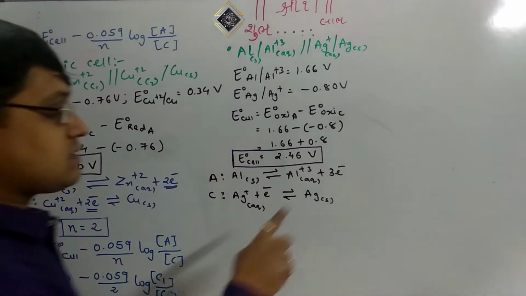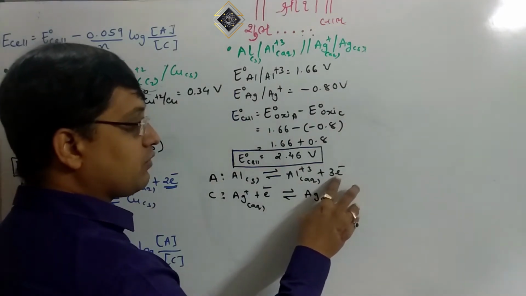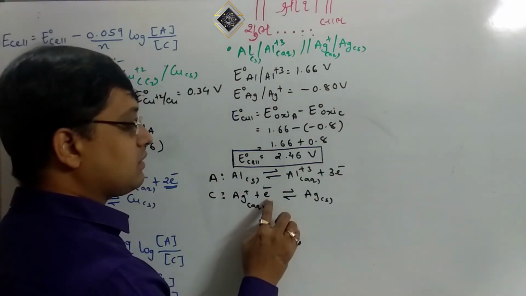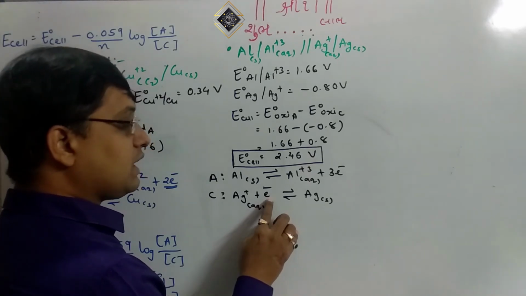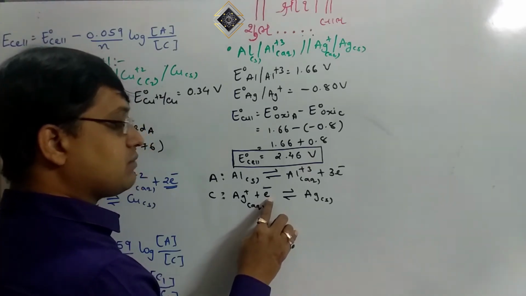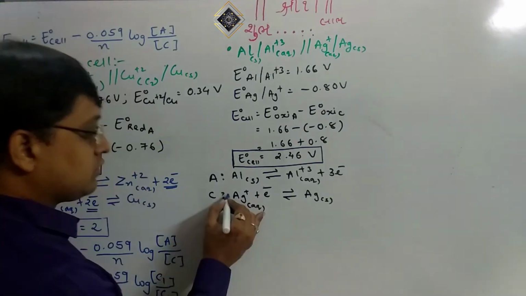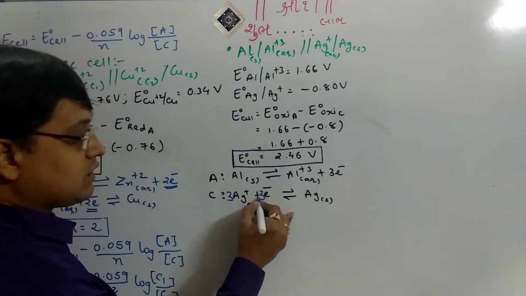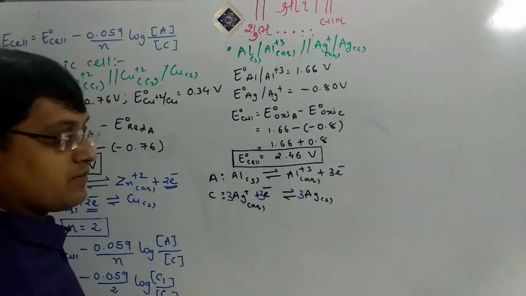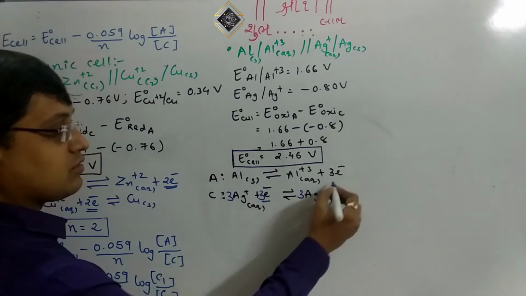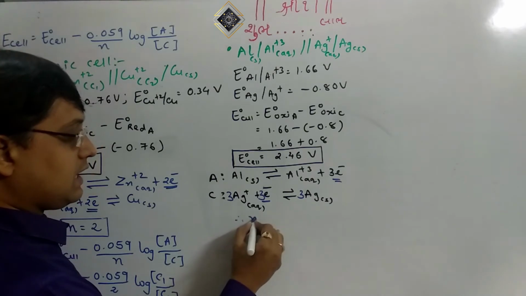But in this case, at the anode side the number of electrons is 3 and at the cathode side the number of electrons is 1. So we have to multiply this equation by 3 to balance the electrons. So we multiply the equation, 3Ag plus 3 electrons gives 3Ag. Now electrons are balanced, 3 and 3, therefore N equal to 3.